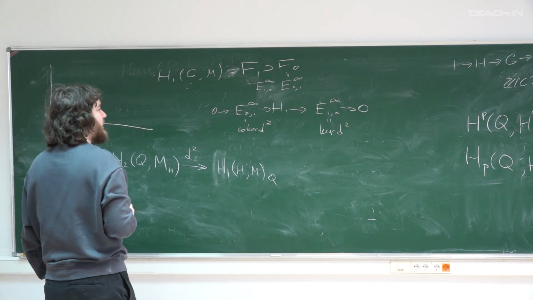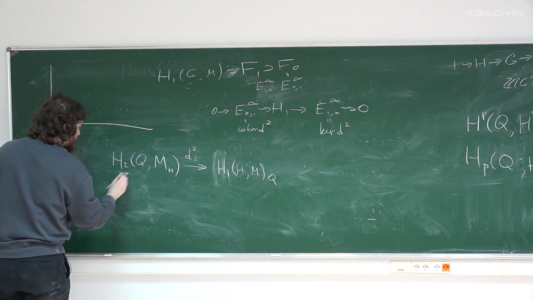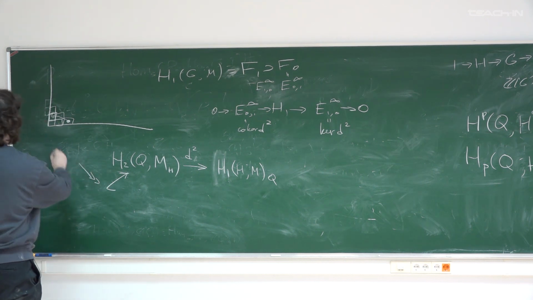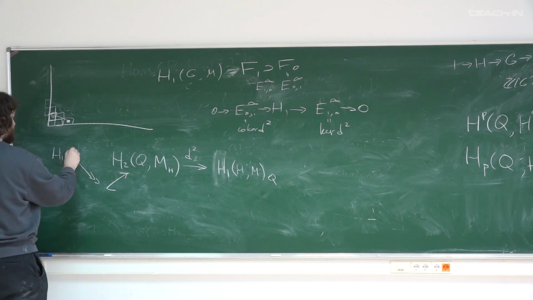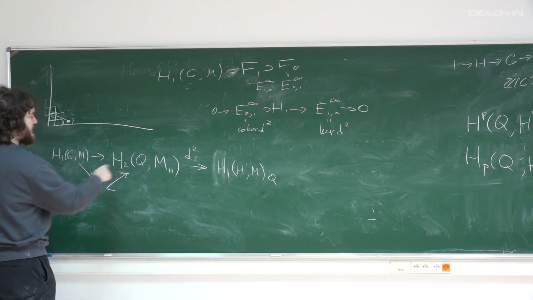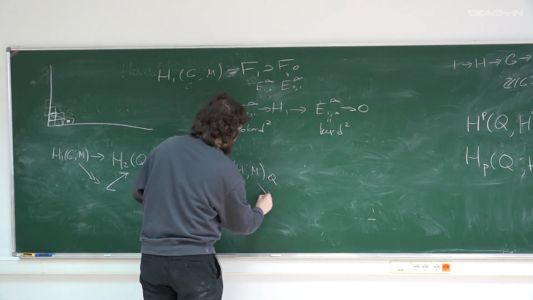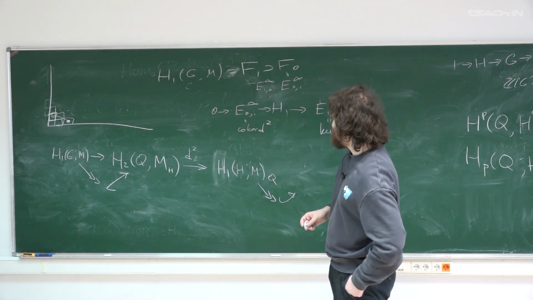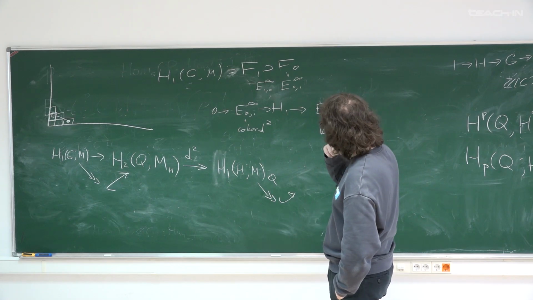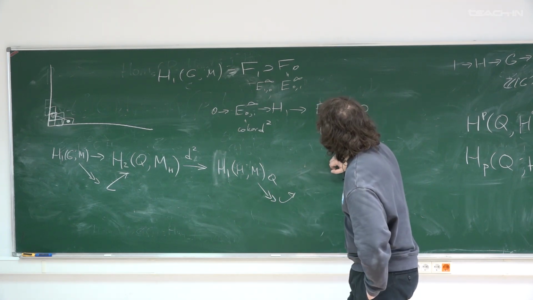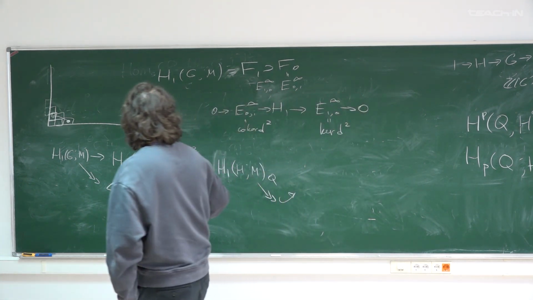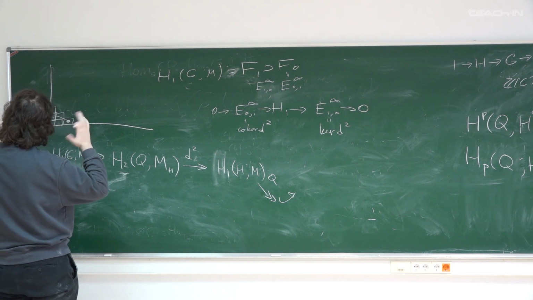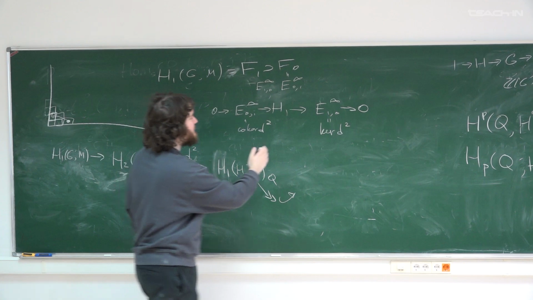So in fact I have here a kernel, and I have the projection onto the kernel, so I can write here H1 of my target, and this will be exact in this place. And always here I have a cokernel.